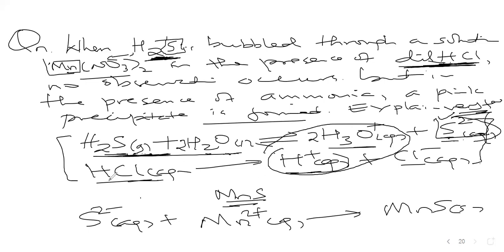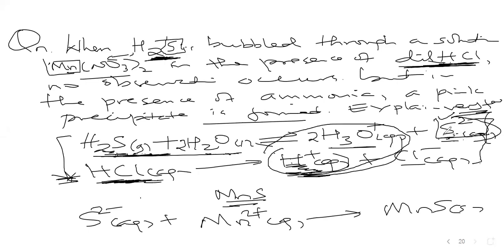Since hydrochloric acid is a barrier to the ionization of hydrogen sulfide, its hydrogen ions give a high enough concentration to suppress the ionization of hydrogen sulfide, which in turn gives a very low concentration of sulfide ions.